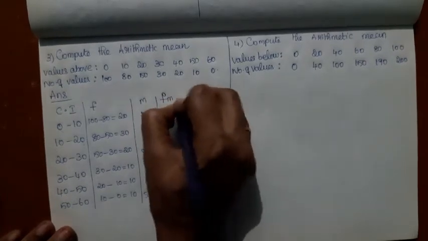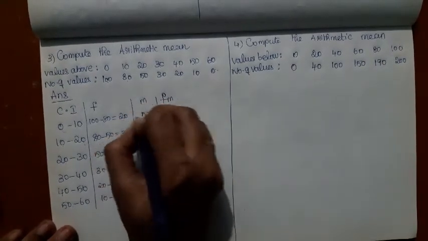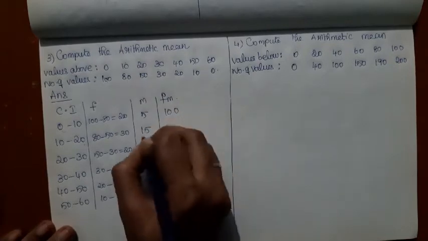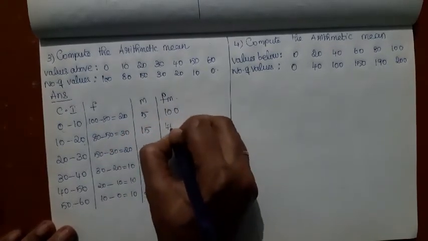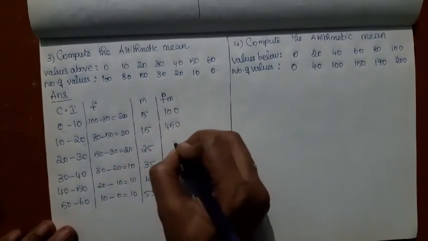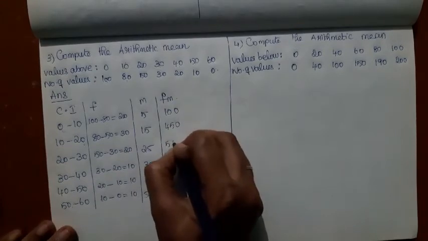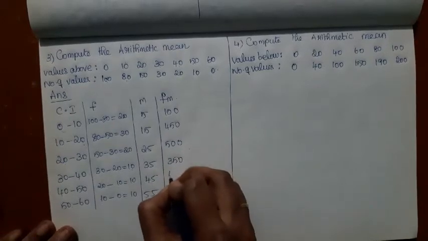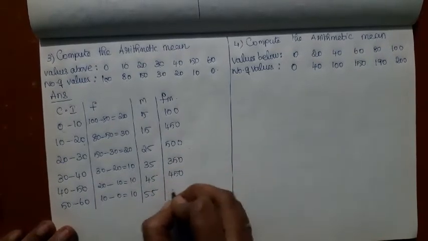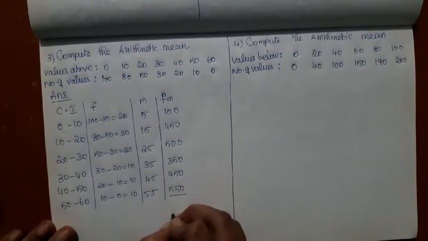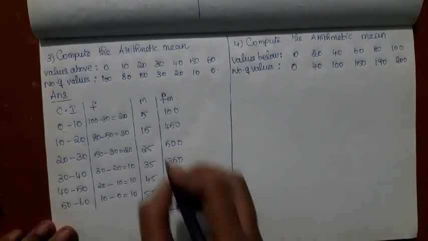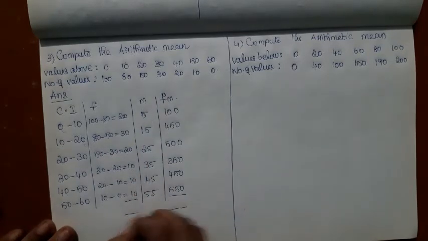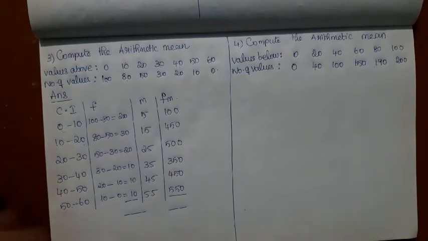And then you need a column fm. Multiply f and m: 25 into 20, 35 into 10, 45 into 10, 55 into 10. Add to get summation fm and add f to get summation f.